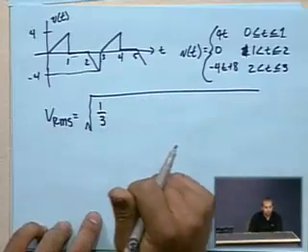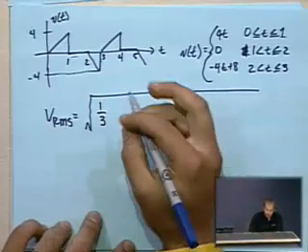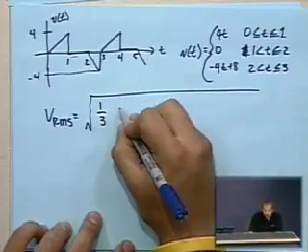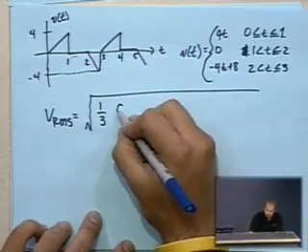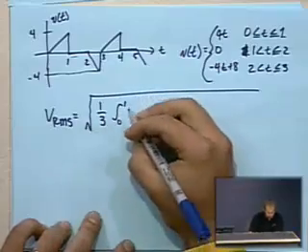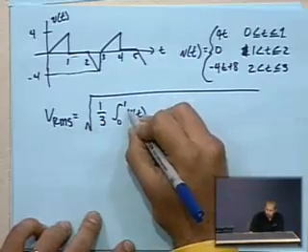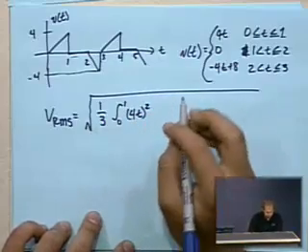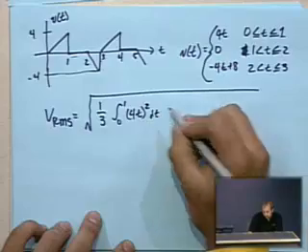Period is 3, so it's 1 over 3. And then we've got a bunch of finite integrals, fortunately, from 0 to 1 of 4t squared, and I guess there's a dt in there.